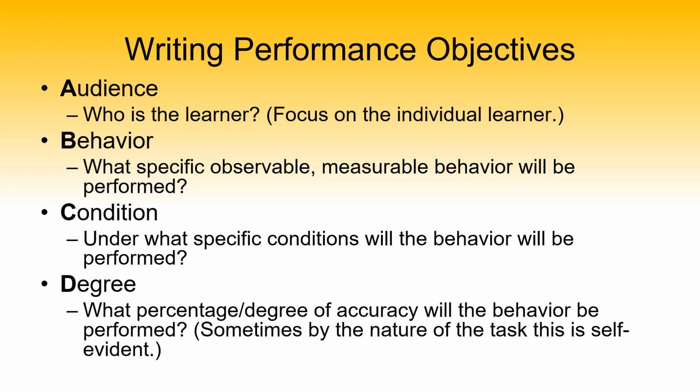So what specific, observable, measurable behavior will be performed and specified in this one particular objective? Then think about the condition and specify it. Under what specific conditions can you expect that behavior to be performed? And also, to which degree? What percentage or degree of accuracy will that behavior be performed?